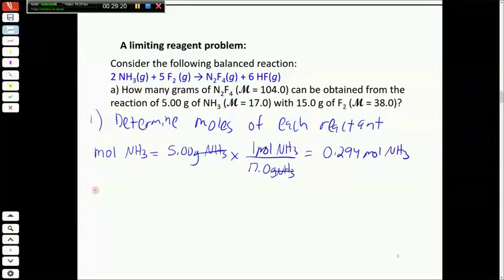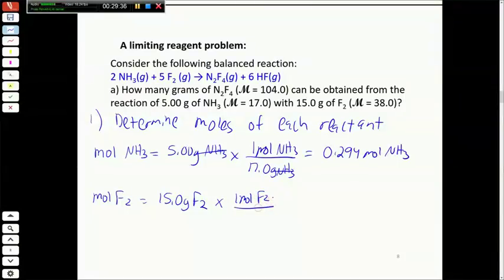Alright, so that's moles of one reactant. We find the moles of the second reactant, which is F2. We have 15 grams of F2, and the molar mass of F2 is 38, so 38 grams per mole.